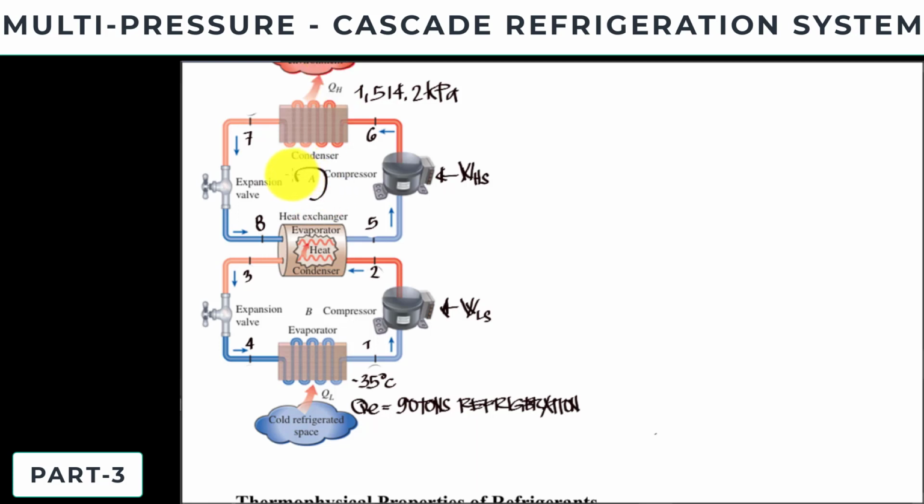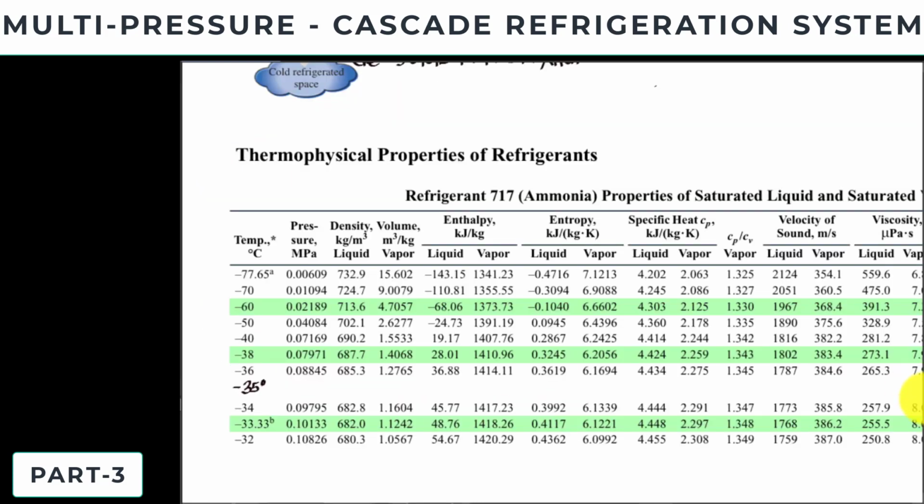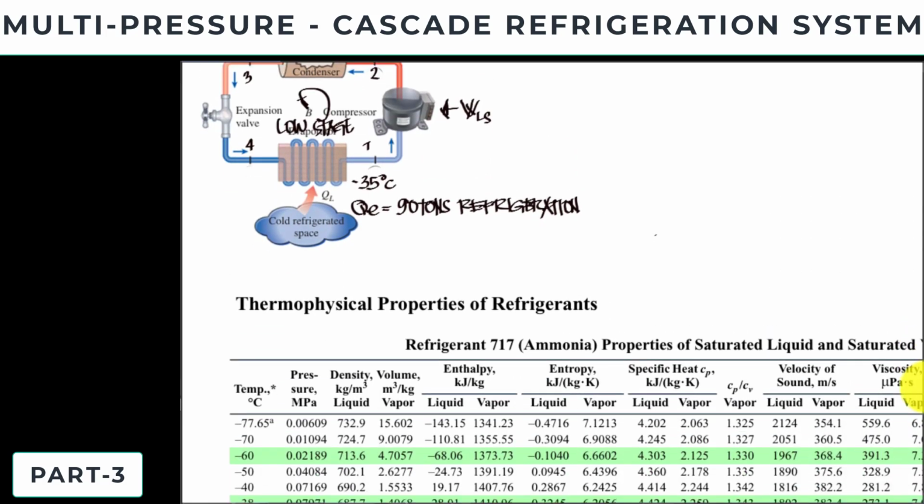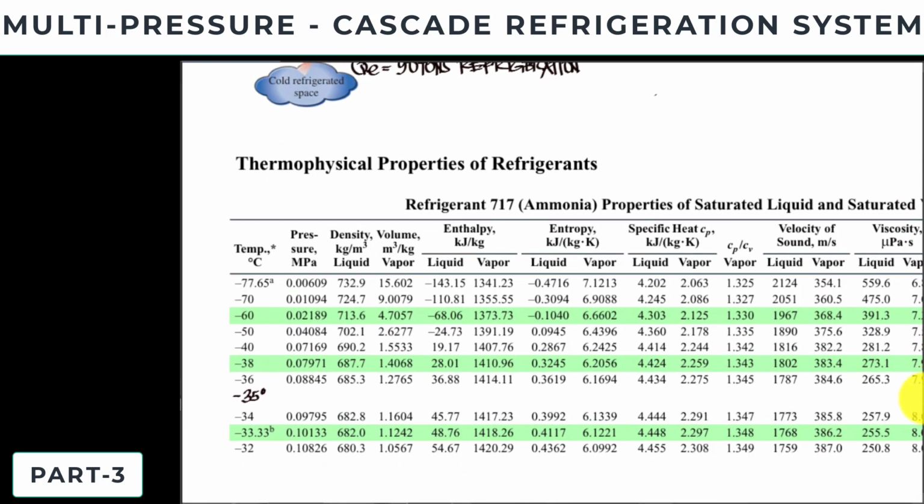So we have here, and we have here, this is my high stage. And the other one is the low stage vapor compression system. Now, negative 35, that will be 0.1, so that is already in the form of vapor.